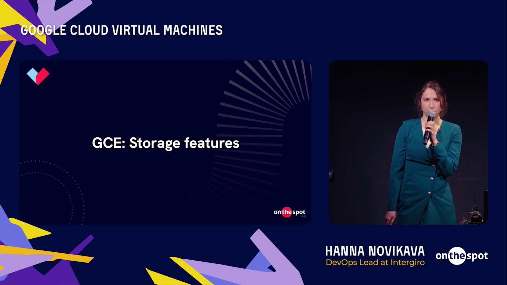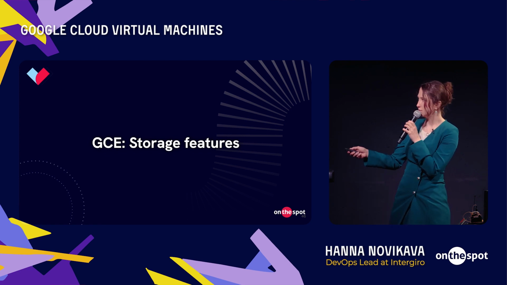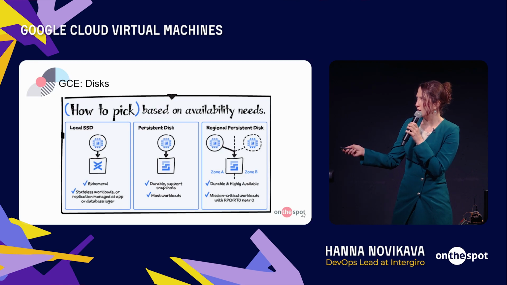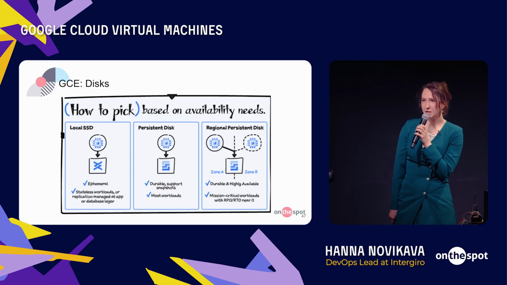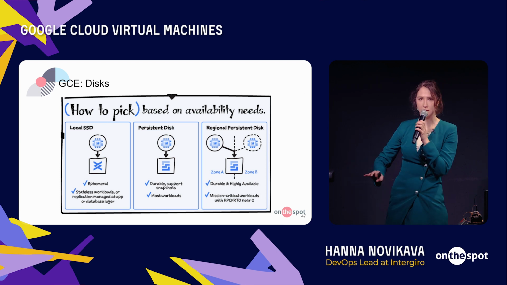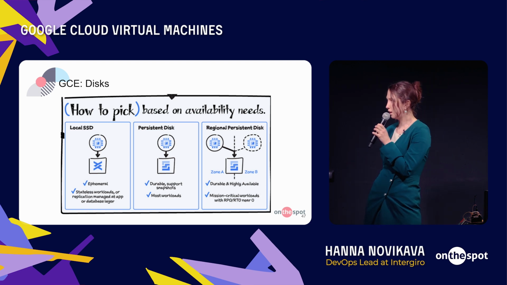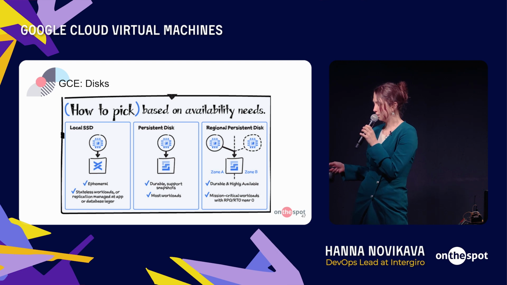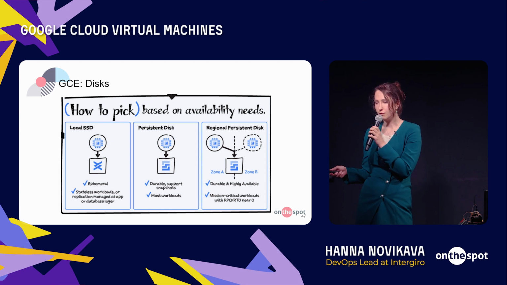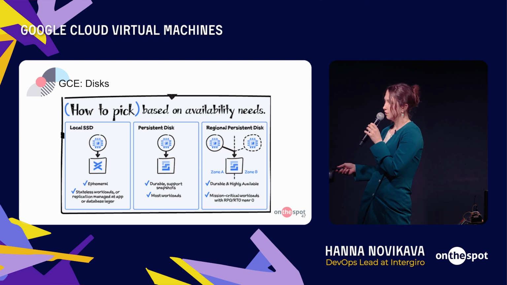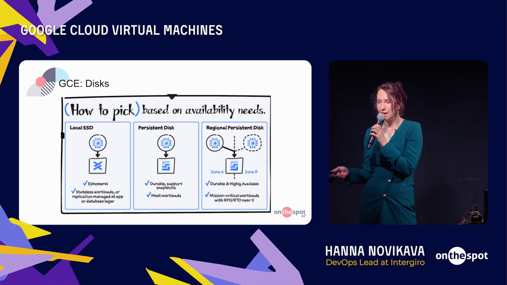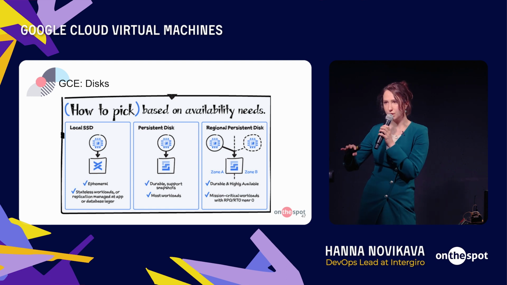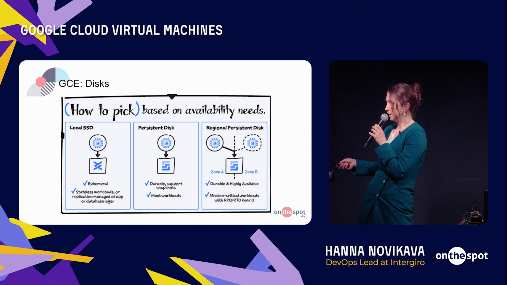And a little bit about storage features, because disks are very important for virtual machines. Here we can see three different types. These are not all types, we have more, but in general, one of the popular types is local SSD disk. It's ephemeral, but it has good performance. It's very fast. So if you can lose the data, or you can do something with this data and move it to another place, use local SSD.